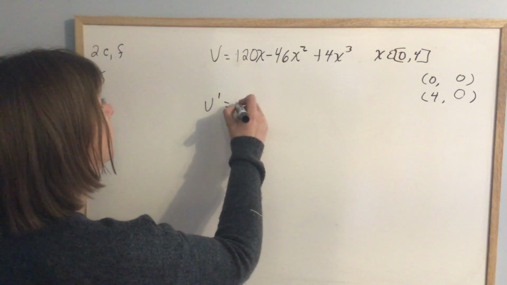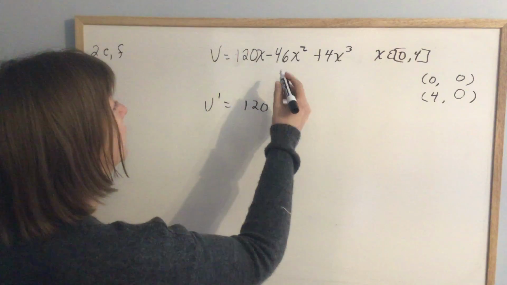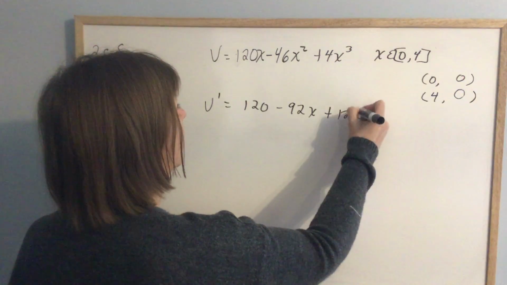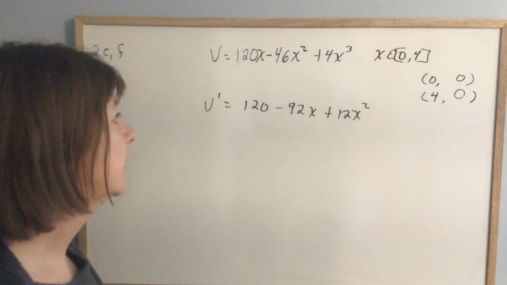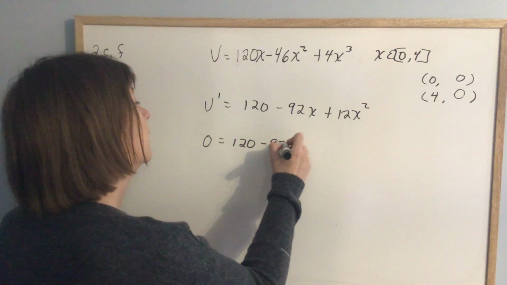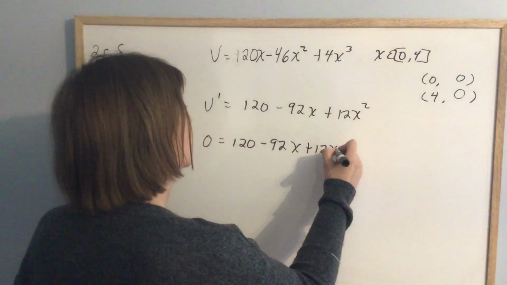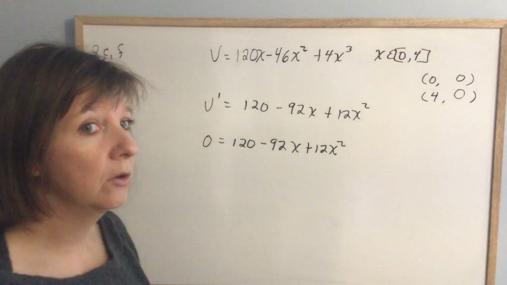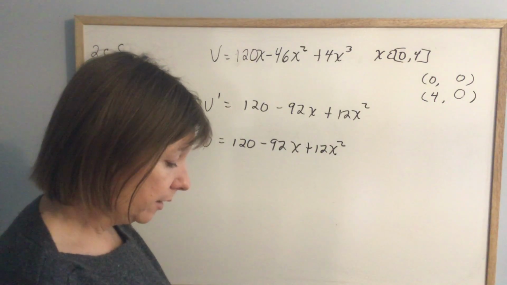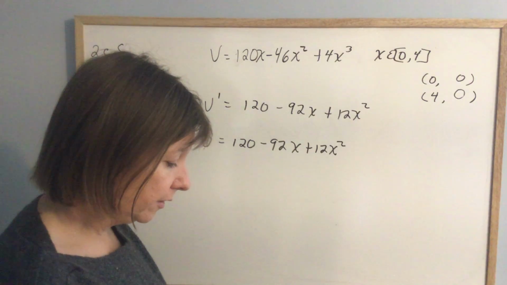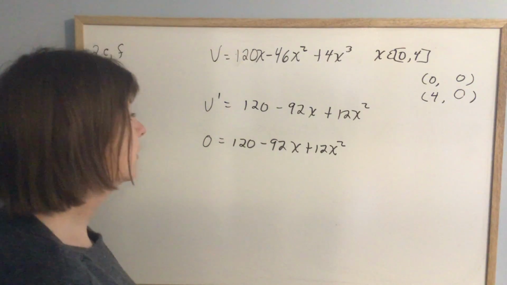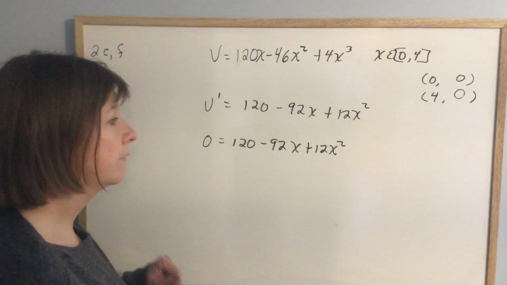So I'm going to do the derivative. So that would be 120 minus 92x plus 12x squared. Oh, lovely. So I'm going to make that equal to 0. And so I have a trinomial. Now you could factor that trinomial, or you could do the quadratic equation on it, whichever you're comfortable with. I think everything there divides. No, 92 doesn't divide by 12. That's too bad. So it's up to you whether you want to try and factor it.